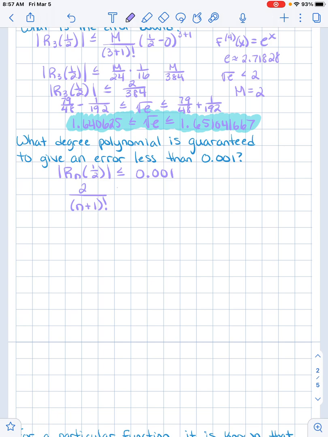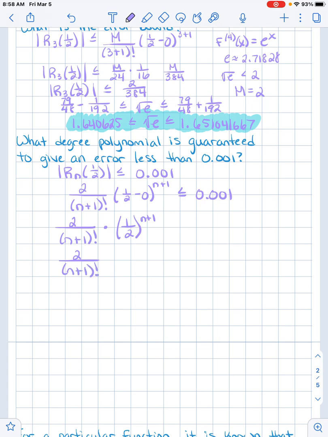We don't know n this time though, so it's n plus 1 factorial. We are still plugging in 1/2. We are still centered around 0. We just don't know this power. And we want all of this to be less than or equal to 0.001. So let's do some simplifying first. We've got 2 over n plus 1 factorial. This is 1/2 to the n plus 1.